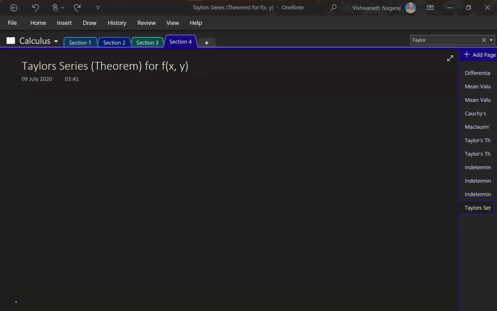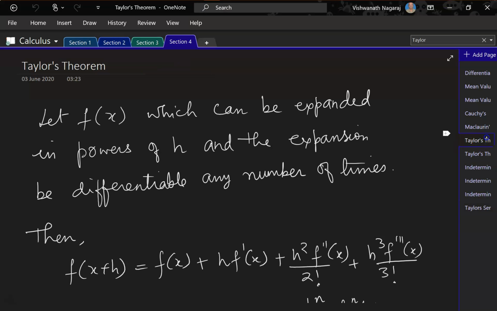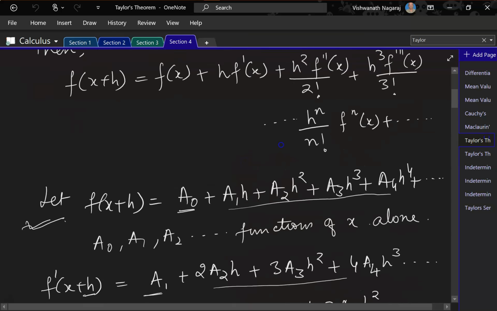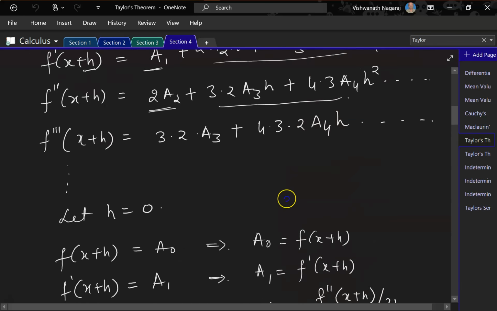In our previous sessions, we have looked at Taylor's theorem or Taylor's series. Remember, let f of x be expandable in powers of h, and the expansion be differentiable any number of times. Then f of x plus h is equal to this.